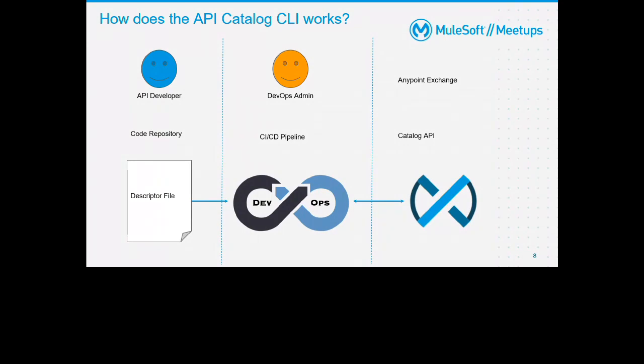Once the API is cataloged in the exchange, can we run API governance rules on them? See, whatever is published on the exchange, right now we can write our profiles for the API governance. In the API governance profile, you can mention which type of API you want to govern.